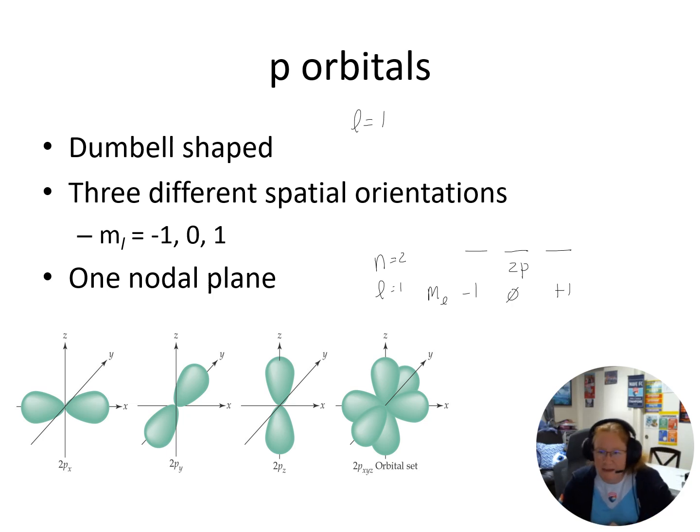And so because we have 3 M sub L values, we have 3 orbitals in the p subshell corresponding to 3 different spatial orientations. And so you can see here the px, the py, the pz, and then them overlapping.